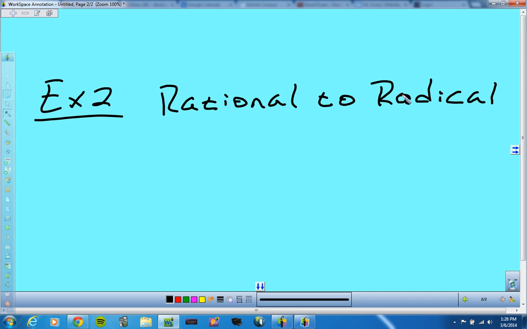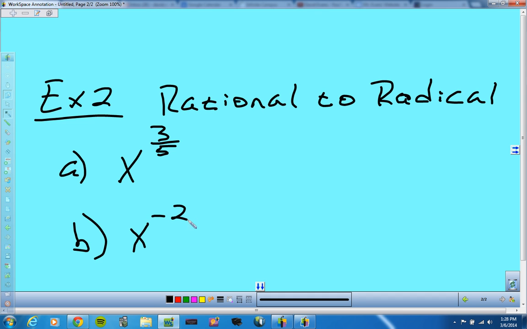Let's do x to the 3/5 power. So this would be a1. And then we'll do the b1. I'm going to remind you of something first, and then we'll do x to the negative 2/3 power.